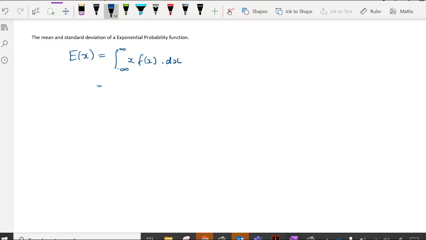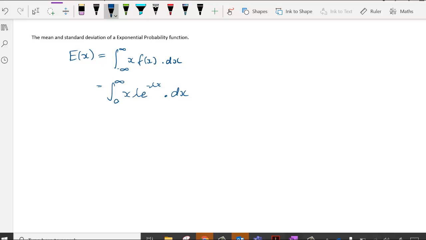So in order to find this sum for the continuous distribution, we're going to use an integral. Now, as we know that x must only be greater than or equal to 0, this is going to be between infinity and 0 of x, multiplied by our exponential probability density function, which is lambda e to the negative lambda x.